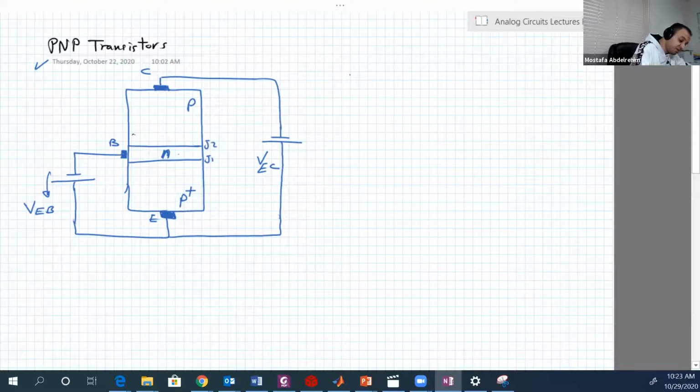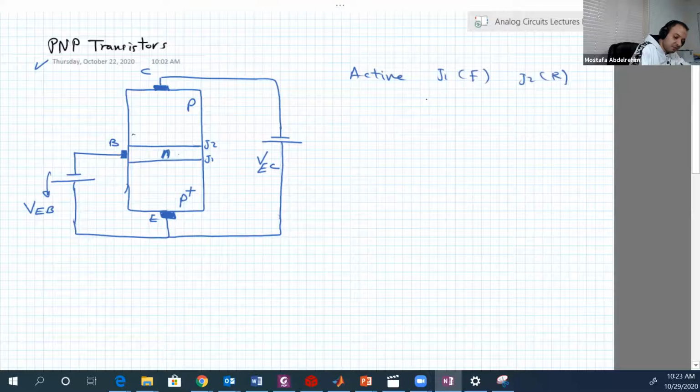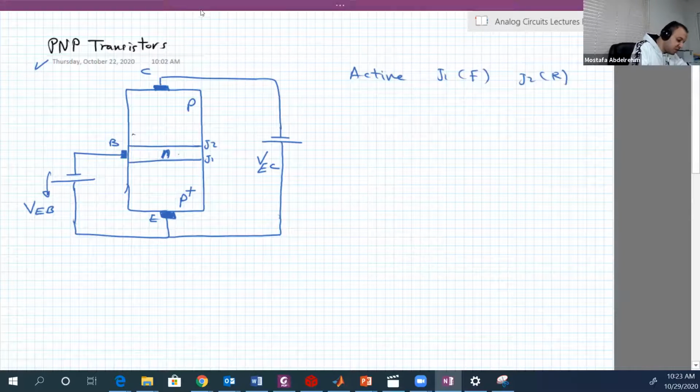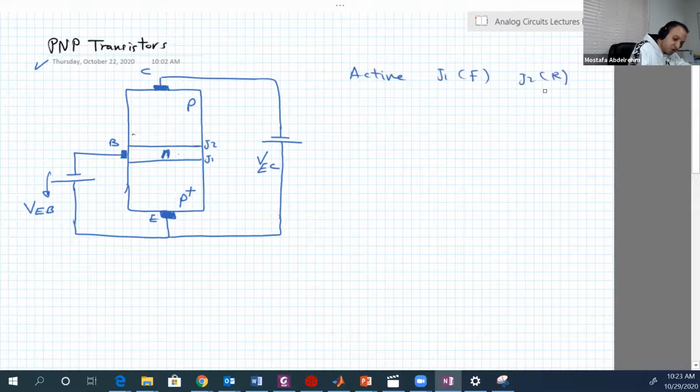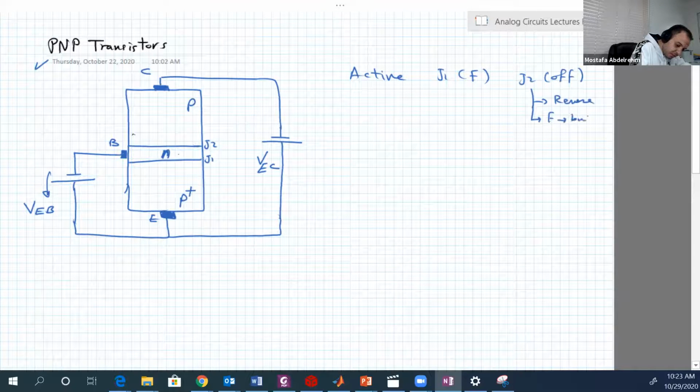So in the active region, again just like NPN, J1 is forward and J2 is reverse, or let's call it more generally off, because it might be reverse or forward but off. That is, with VCB, not VBC like NPN, less than 0.4 volt.